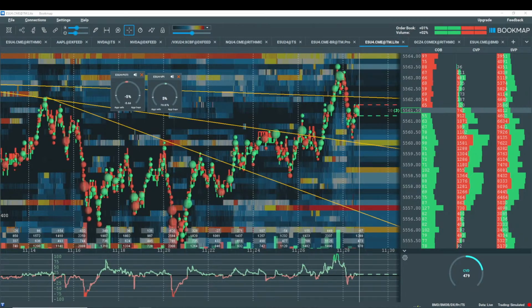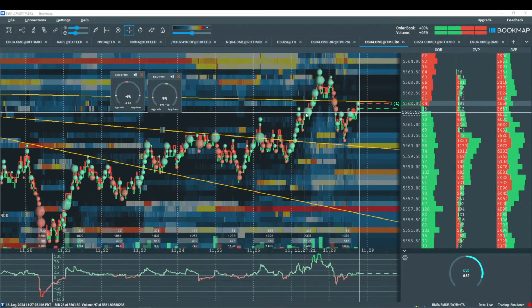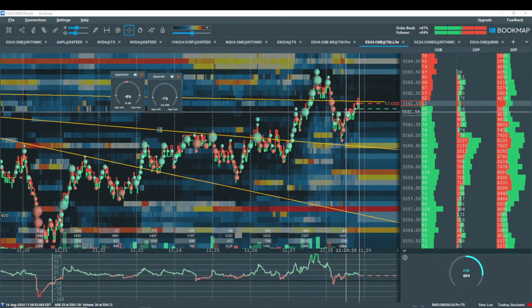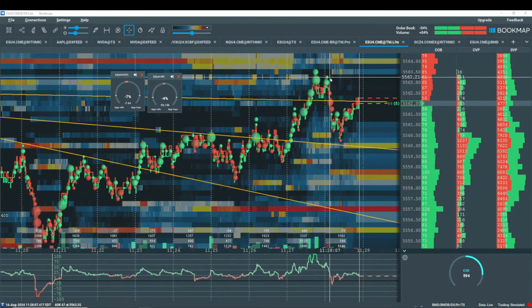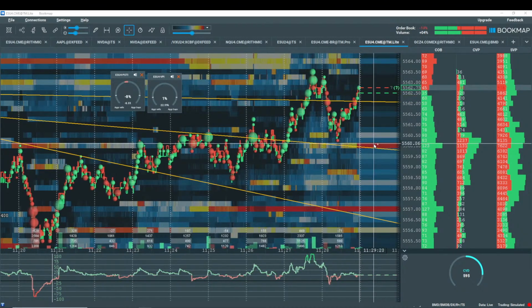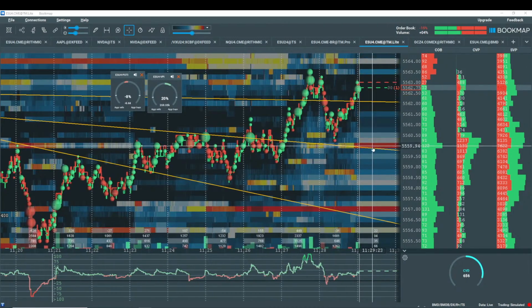Whatever it is, pick it. Is it a pullback to these areas? Is it waiting for this kind of curl around and top of the range and hitting your single? I don't know. You've got to find out what works for you, and then really study the heck out of it.